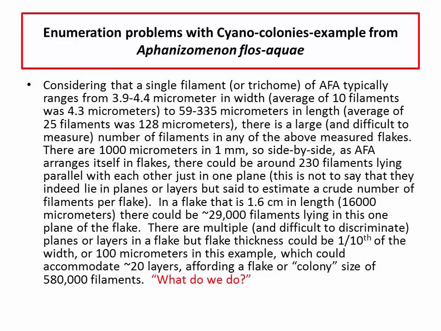And then there are multiple planes or layers. And the flake thickness could be about 1/10 of the width, which makes it 100 micrometers, and which could accommodate about 20 layers, depending on the individual width of those filaments. So that affords a colony size of maybe 500,000 filaments, and each filament several hundred cells.